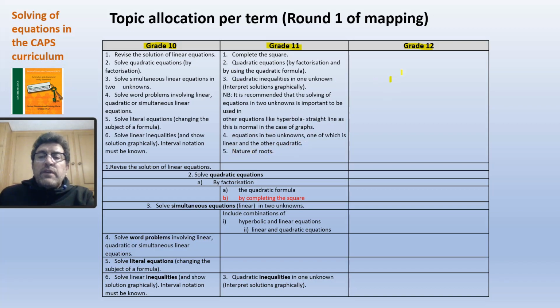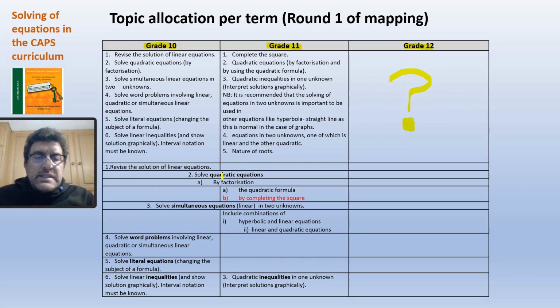Now folks, you'll see here in grade 12, if you look in the curriculum document at the topic allocation per term, there is no real allocation in grade 12 for the solving of equations.